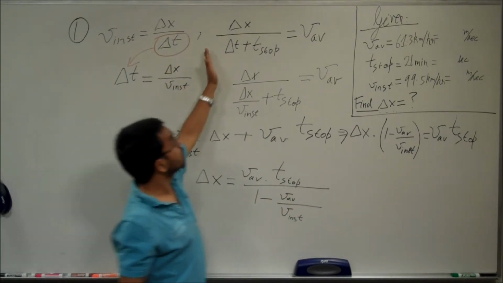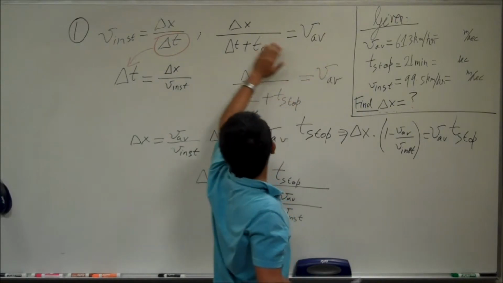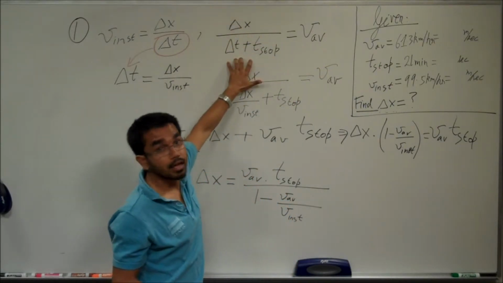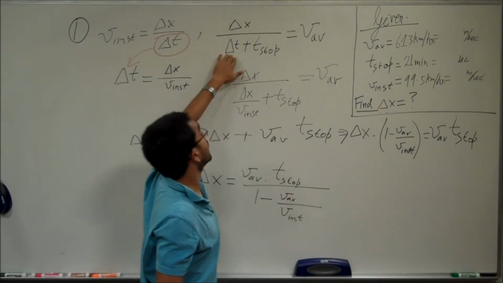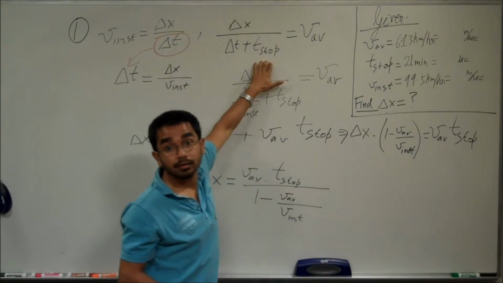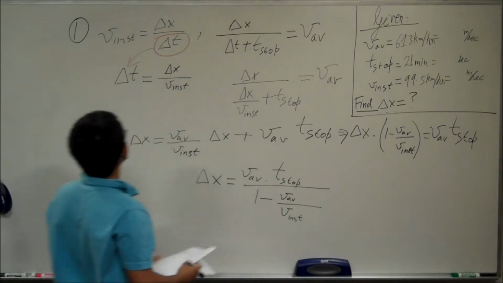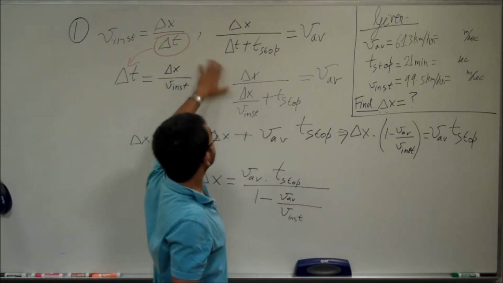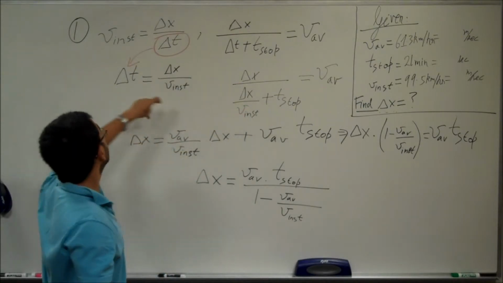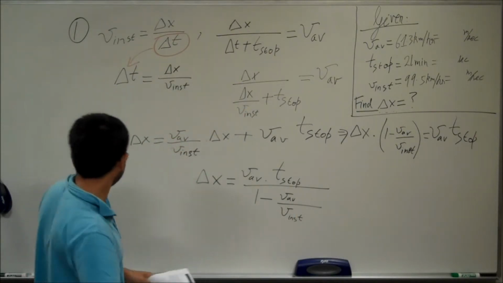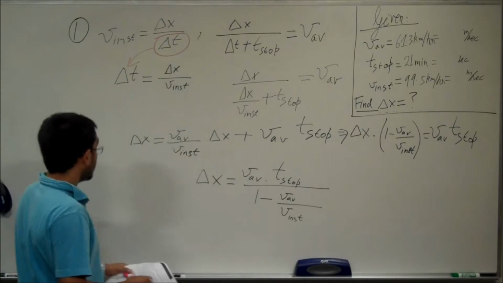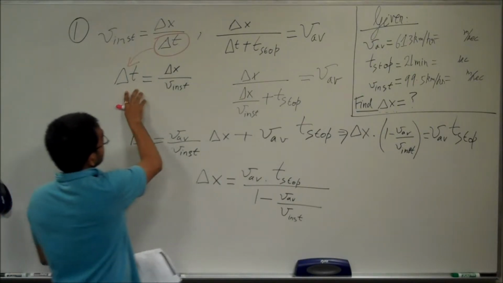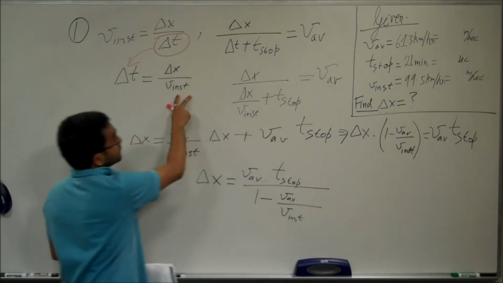But if you come over to the average velocity, it's delta x, the total distance covered, divided by the total time spent, which is the time spent behind the wheel and the time spent at the rest stop. Now this is where the algebraic manipulations begin. I start with the instantaneous velocity, flip it, and write delta t as delta x divided by v instantaneous.